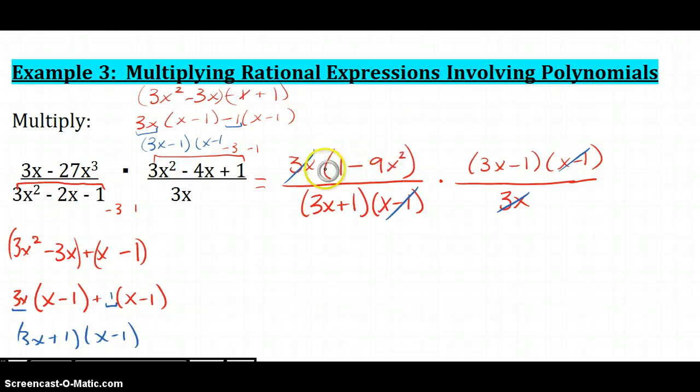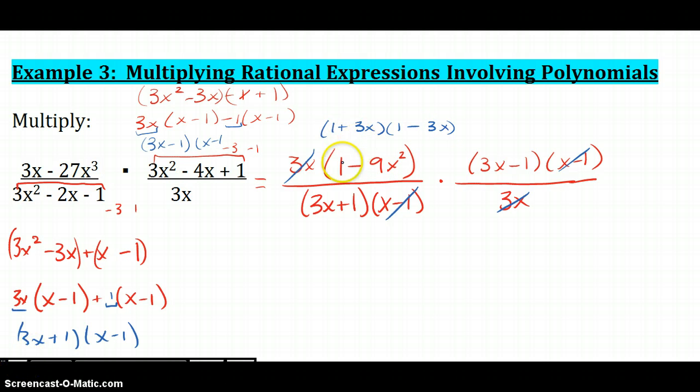If you look at this right here, this is actually the difference of 2 squares, because 1 is a perfect square, 9 is a perfect square, x squared is a perfect square. So this actually factors into 1 plus or minus, and the square root of 9x squared gives us 3x and 3x.